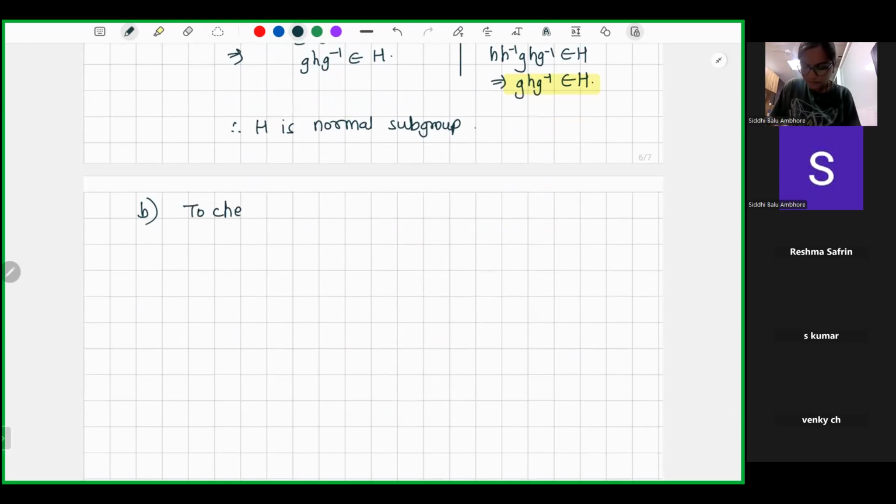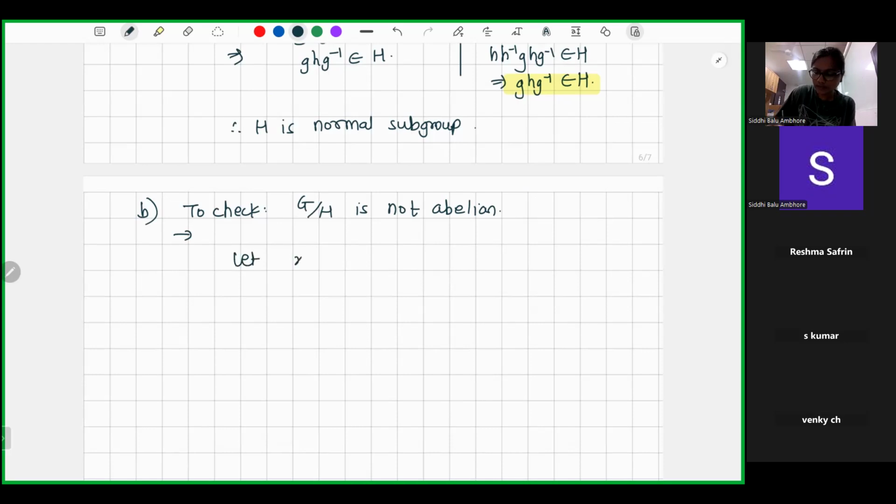To check whether G quotient H is abelian or not, how do we proceed with this? So we have to check whether this is abelian.